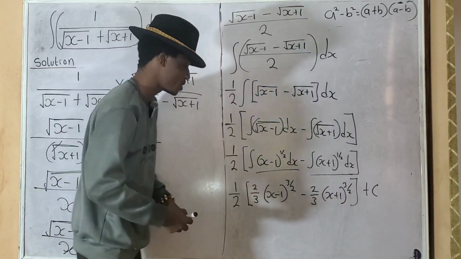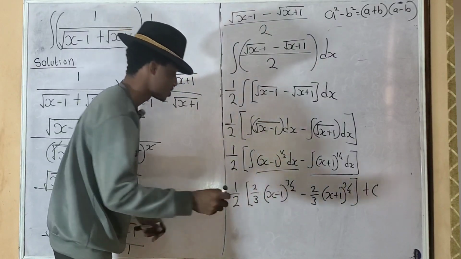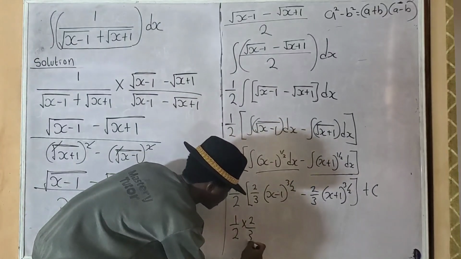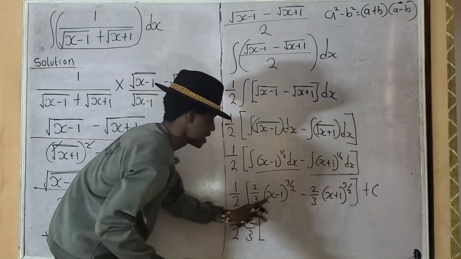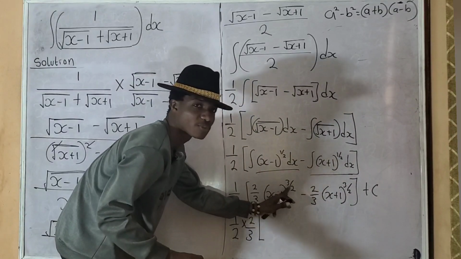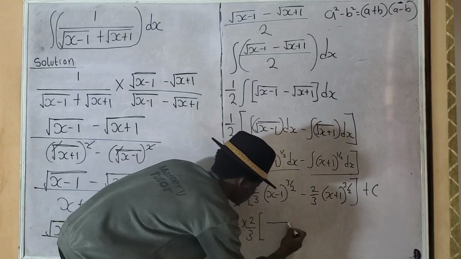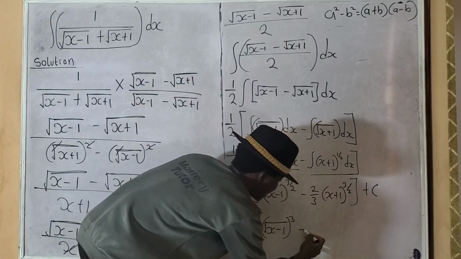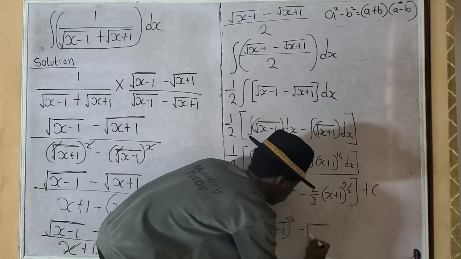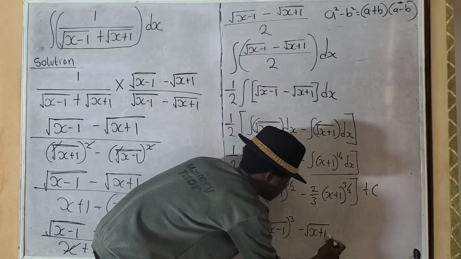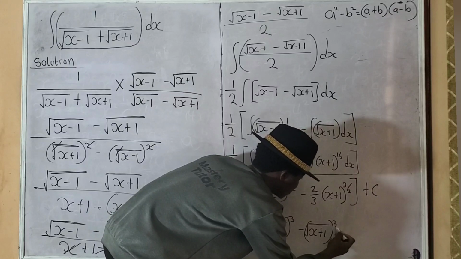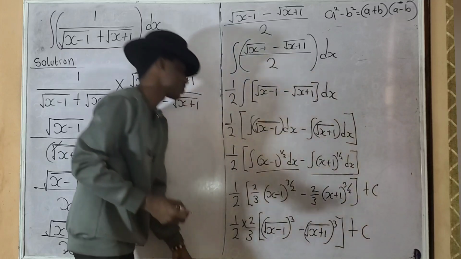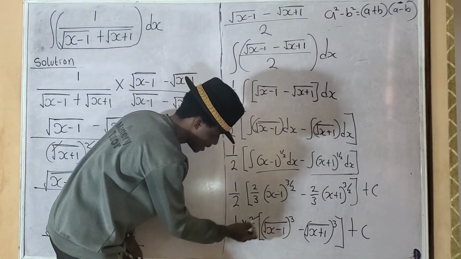So now we can factorize out 2 over 3. So I'm going to have 1 over 2 multiplied by 2 over 3. Now, x minus 1 raised to the power of 3 over 2 can be written as the square root of x minus 1 raised to the power of 3, minus the square root of x plus 1 raised to the power of 3. Then put this and then plus c. So this will eliminate this.